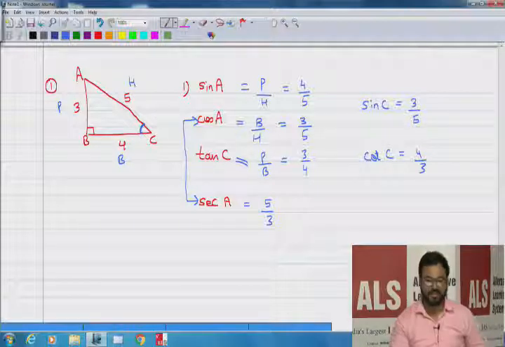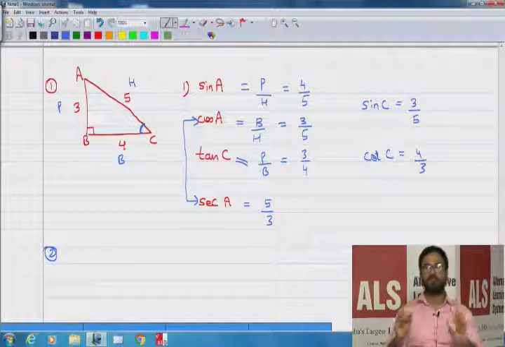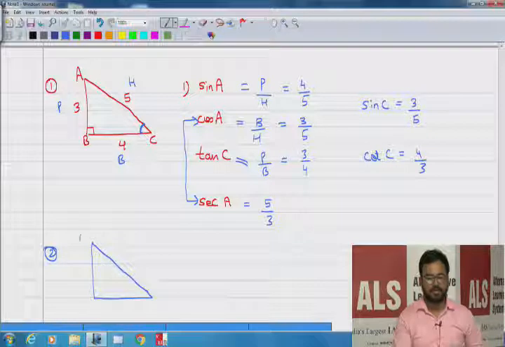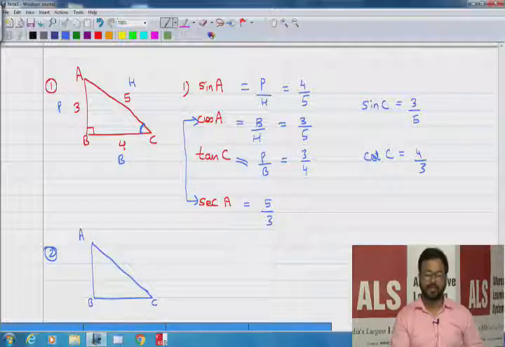Okay, perfect. So quickly do this question. I believe that all of you know the Pythagoras theorem, right? So this is my triangle ABC, and let's say this side is 17, this is 8.